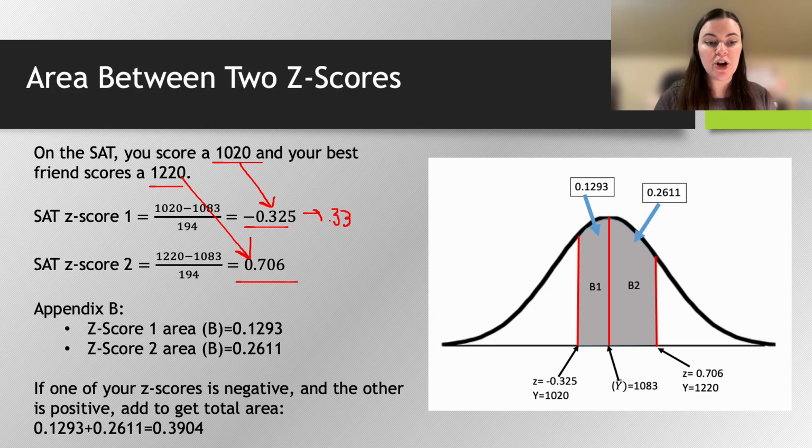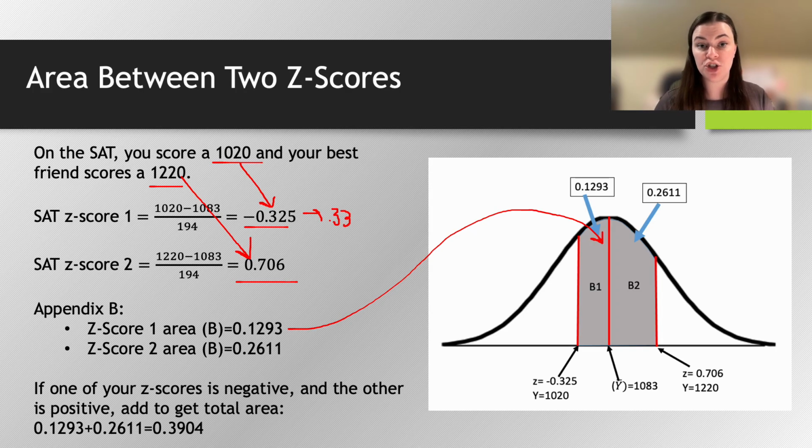And I see that area B, which in this case is showing me, again, that 12.93% of test takers did better than me, but still below average. But then let's take into consideration the second z-score here, because my friend scored above average, and I know that for two reasons. One, simply their score was higher than average, right? 1220 is a higher score than 1083.